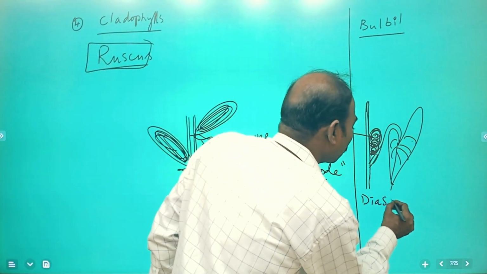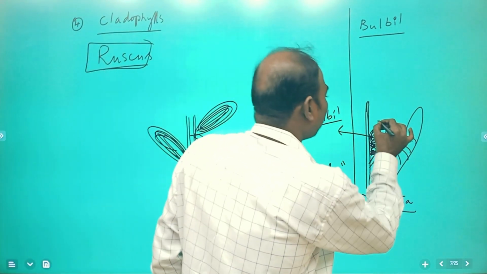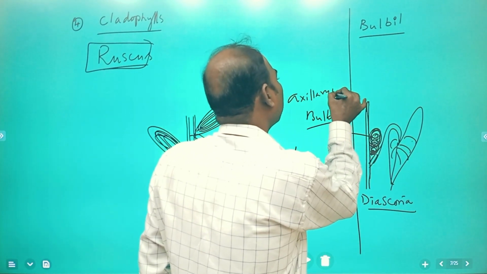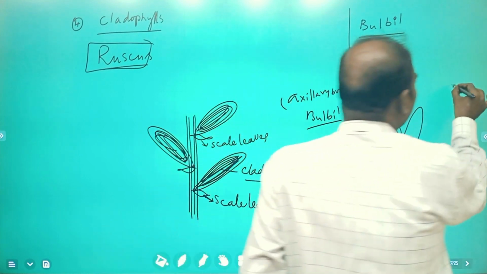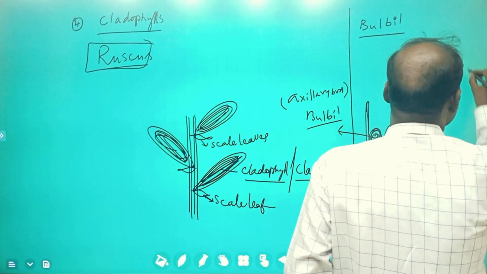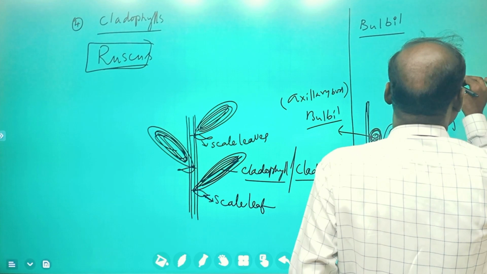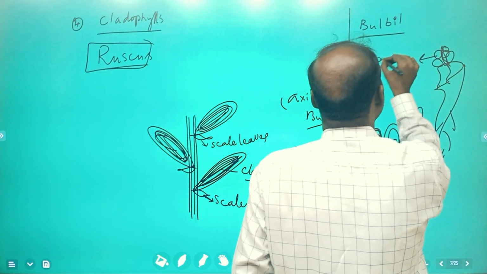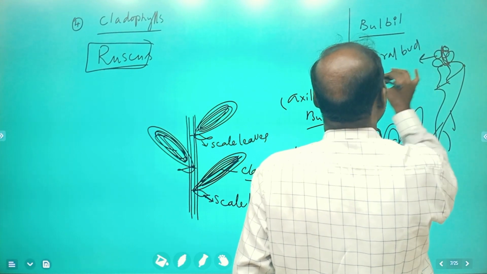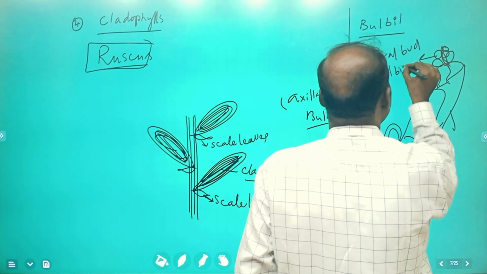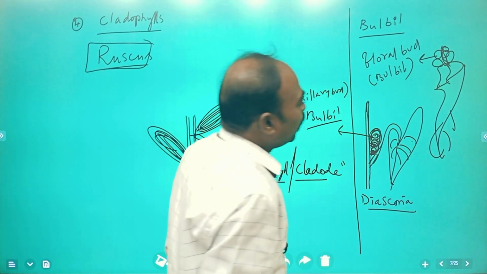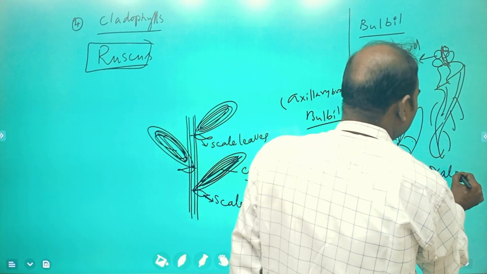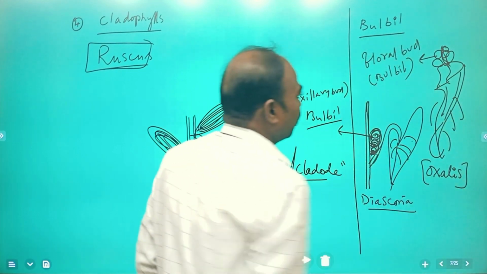Example, Dioscorea, axillary bud. But in some plants like Oxalis, the floral bud gets modified into a bulbil.